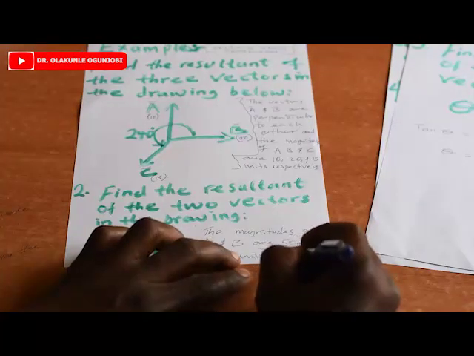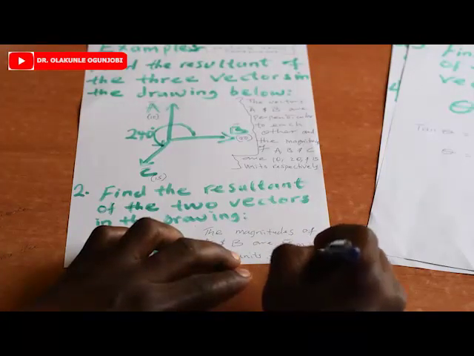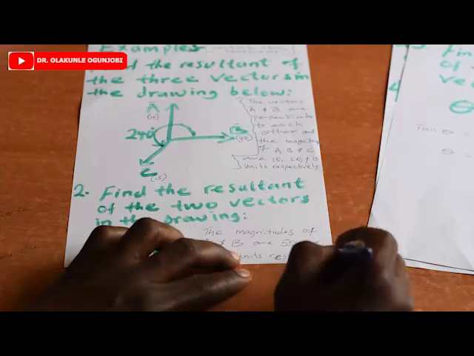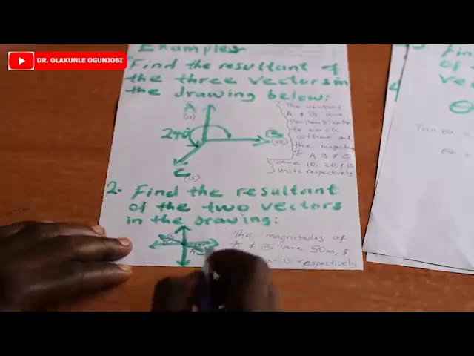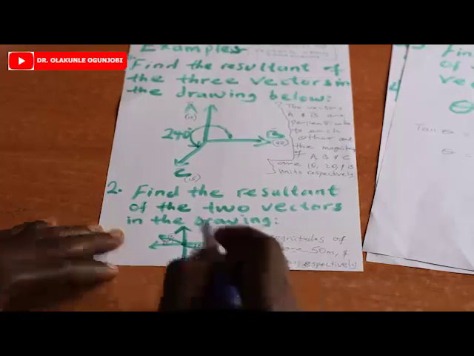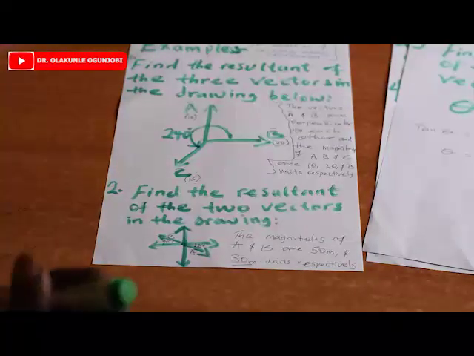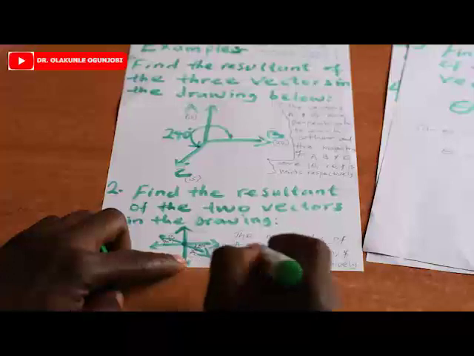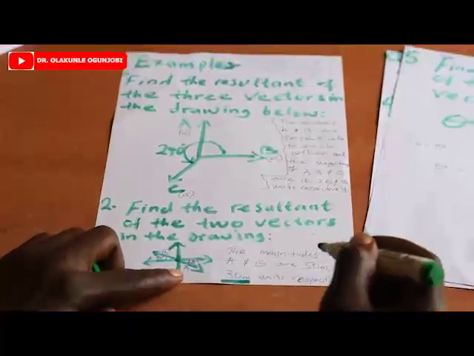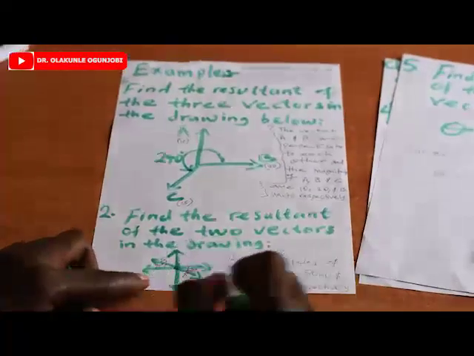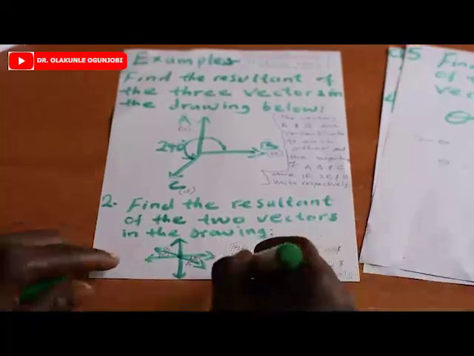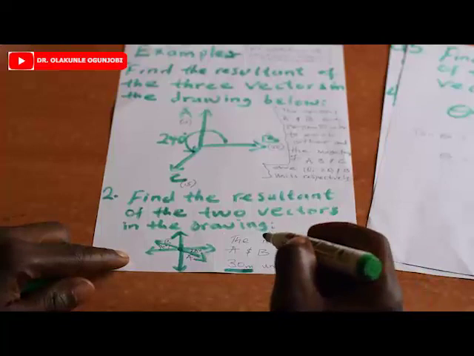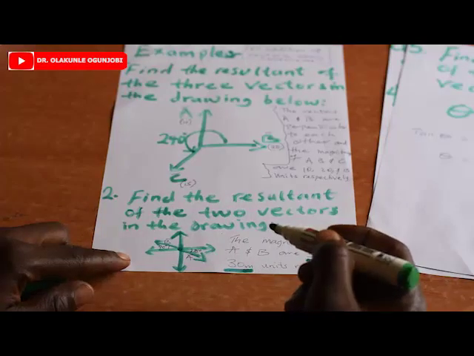Okay, so yes, let me show you more clearly. 50 for A, 50 meter units, and this one for B will be 30 meter units respectively.